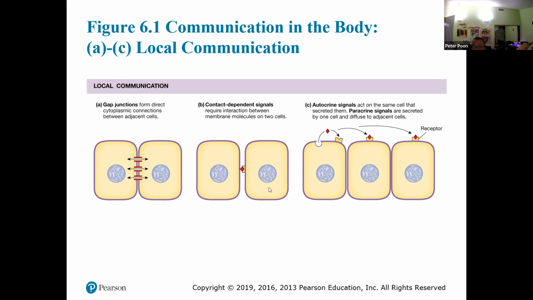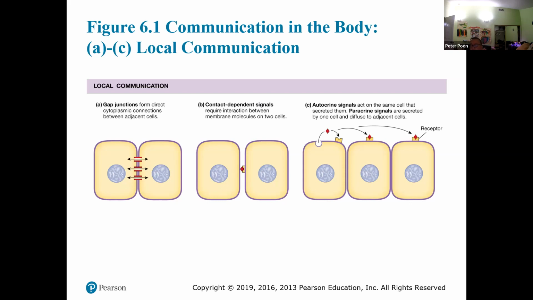The other thing, contact-dependent signals, require interaction between membrane molecules on these cells. So this one has this thing, that one has that thing, and these line up and send signals. One of the most famous ones is contact inhibition. If one cell rubs up against another cell, when they touch, they'll stop growing.